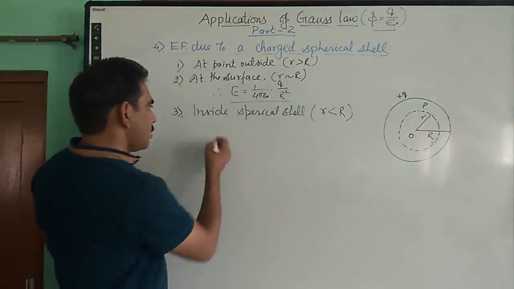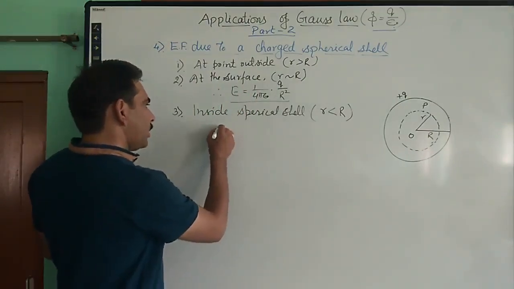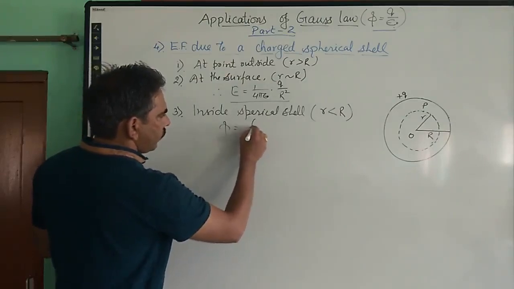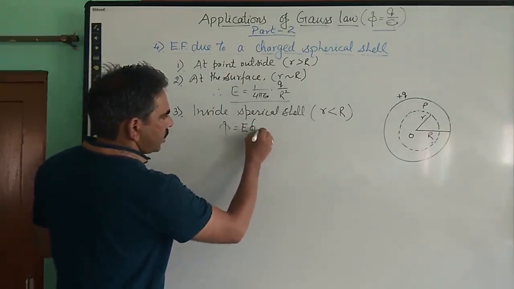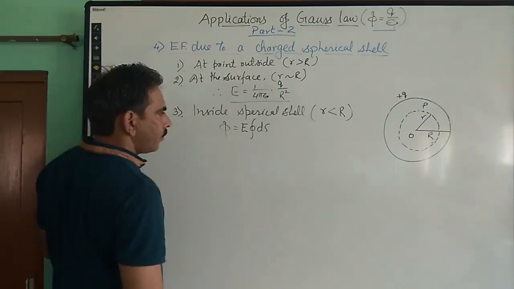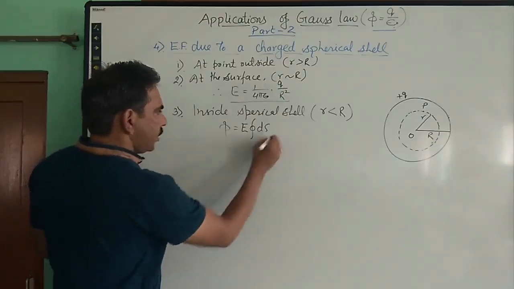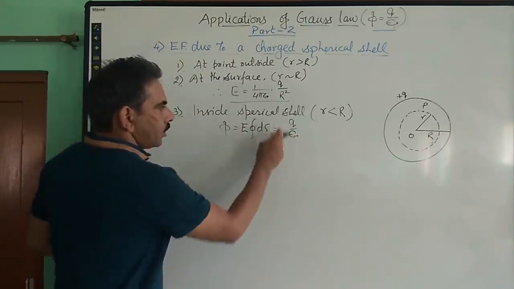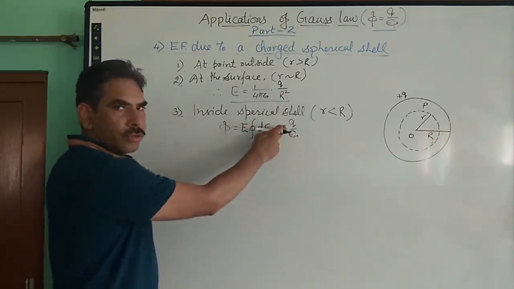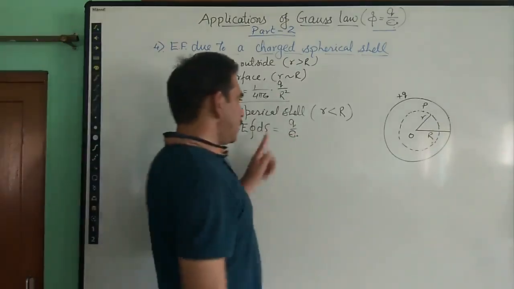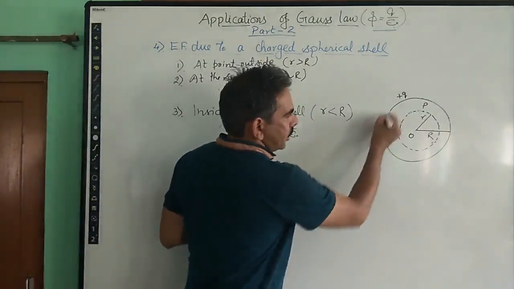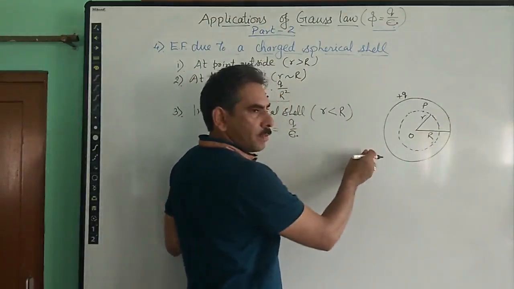In that case, if we write the expression for electric flux, which is given by the integration, just like this, ds, this is by definition. According to Gauss law, it is given by q upon epsilon naught, but this is the charge which is enclosed. According to Gauss law, we have to take the charge which is enclosed by the Gaussian surface, because in this particular situation the charge is lying only over the surface.